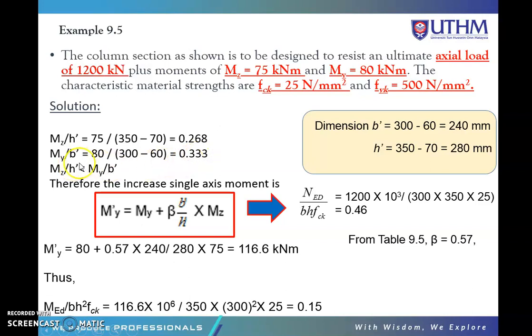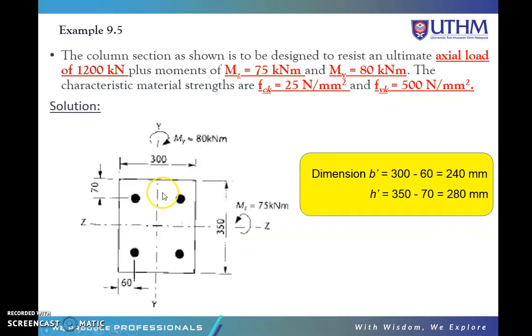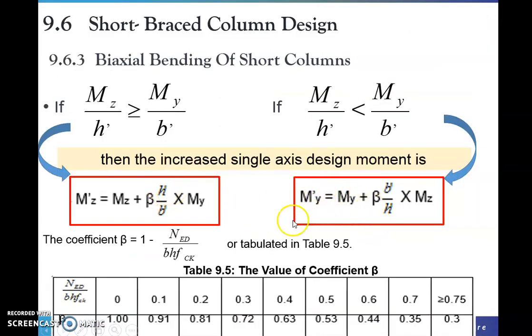So sekarang nilai Mz over h prime is less than My over b prime. So we are using this equation. Alright. So we already fulfill this condition. So we are using this as a design moment for a single axis y.